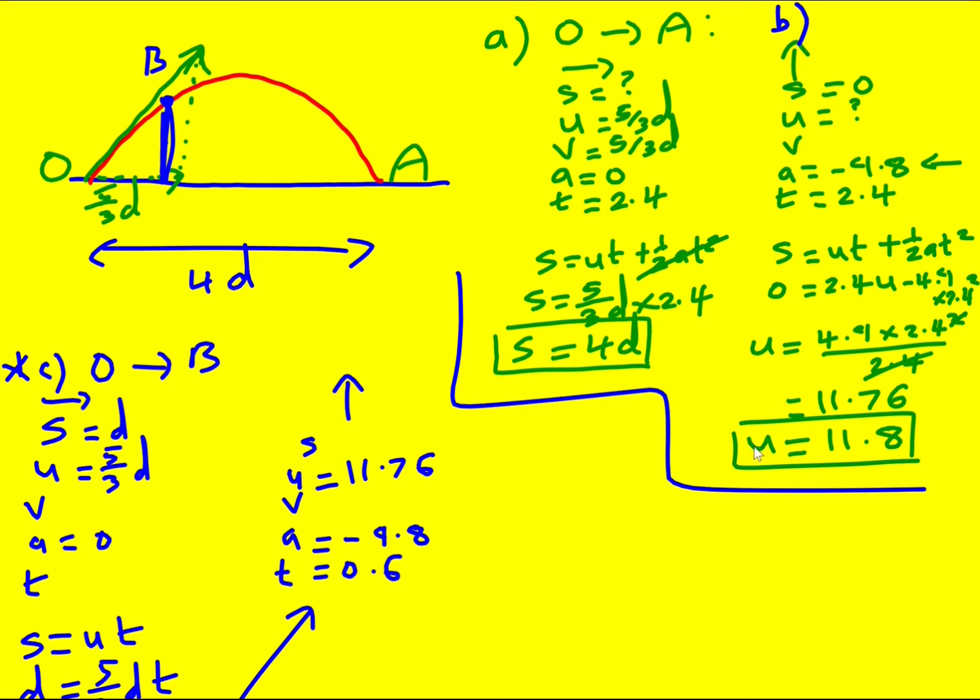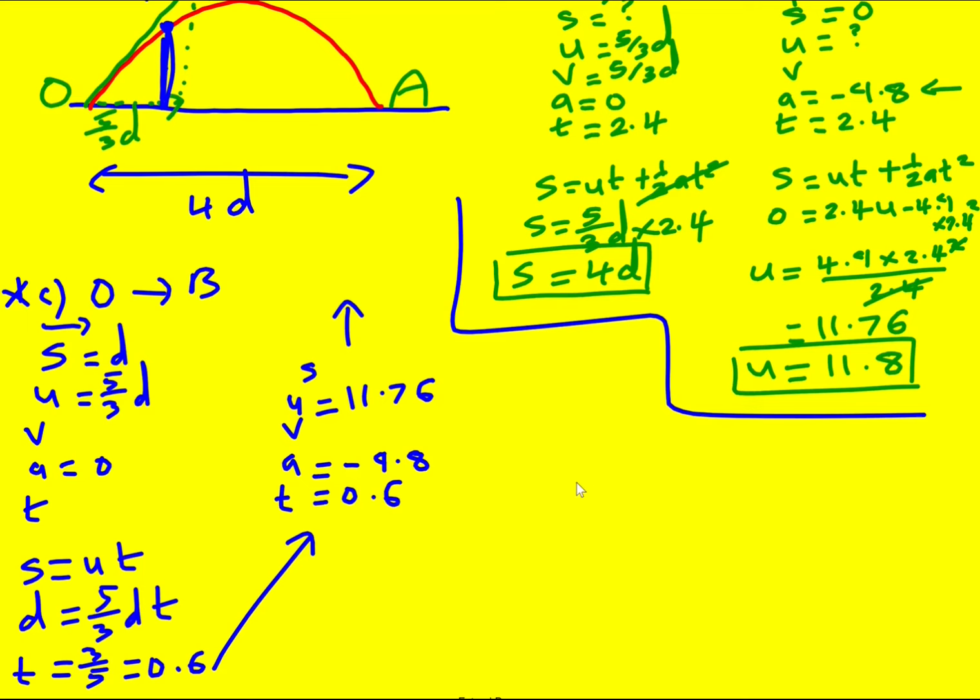I'm going to use this exact version. So I've got everything I need to work out s from this. s equals ut plus a half at squared. Half of minus 9.8 is again minus 4.9 times 0.6 squared.